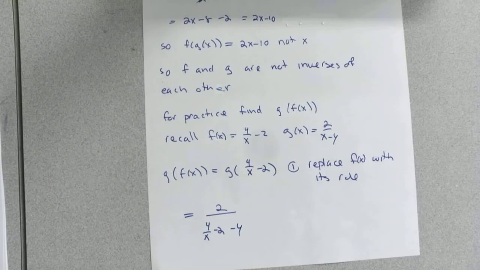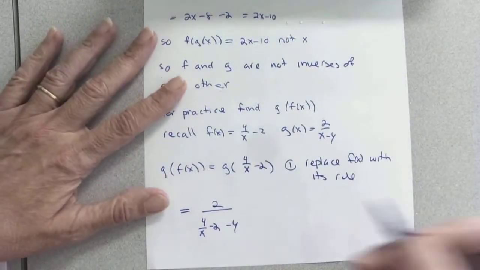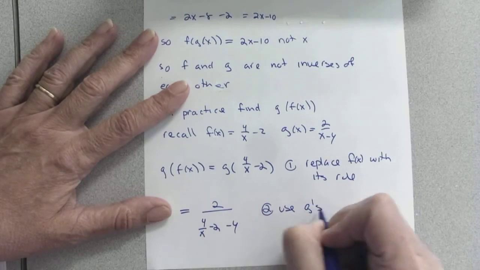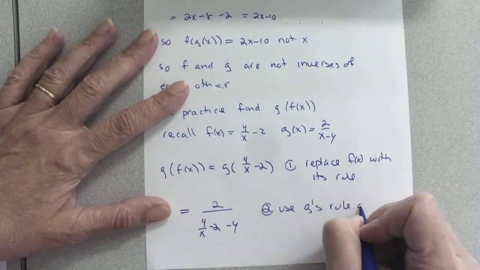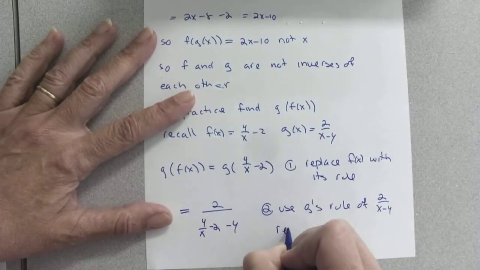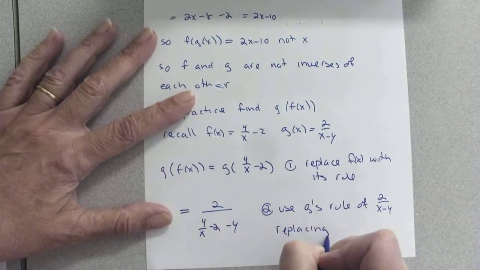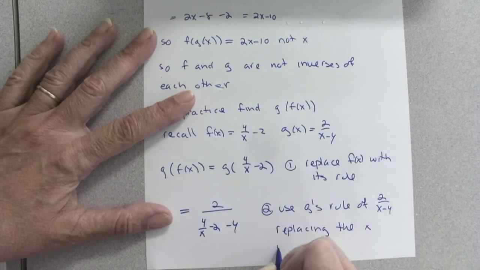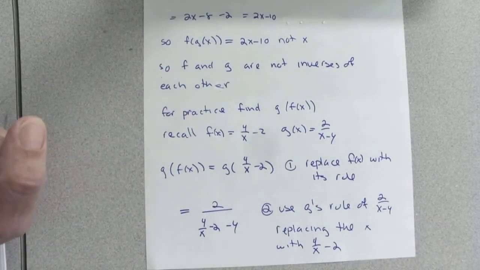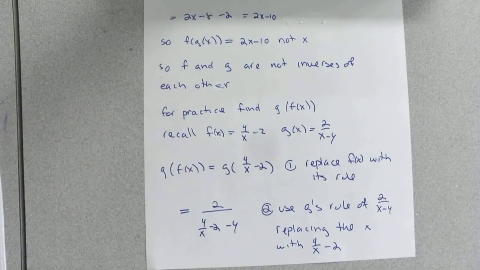This is going to look like a horrible, horrible thing, but we will get it simplified. So here, use g's rule of 2 over x minus 4, replacing the x with what I had in parentheses there, 4 over x minus 2. Our next step will be to simplify, and we will start simplifying in the next video.